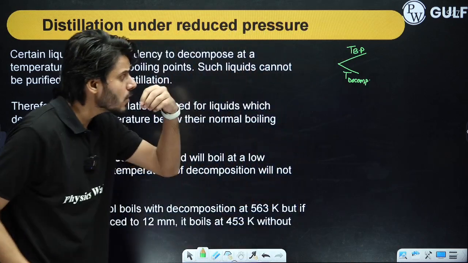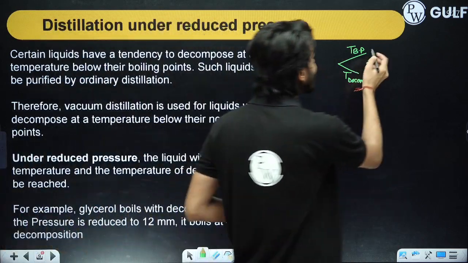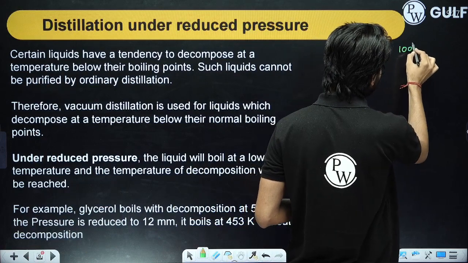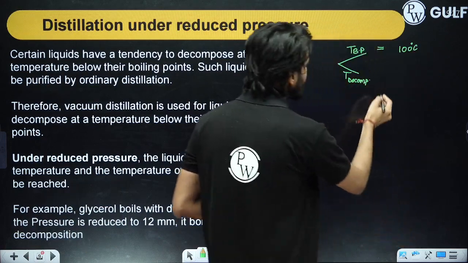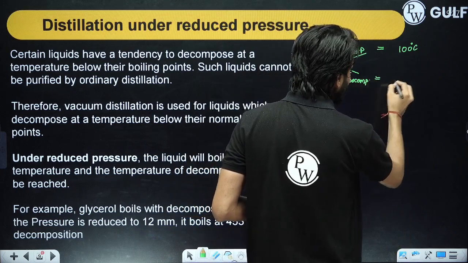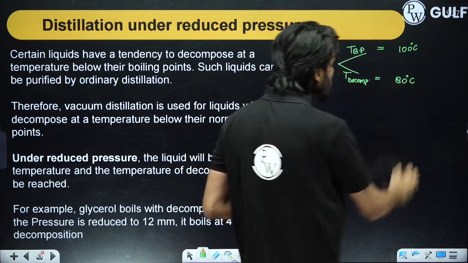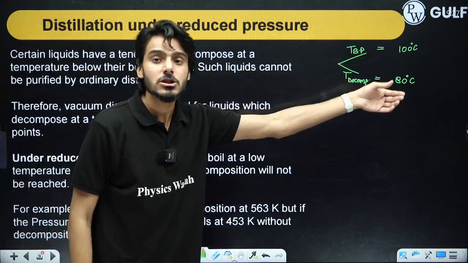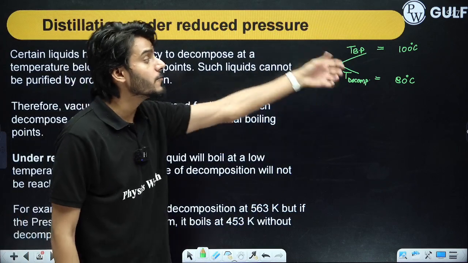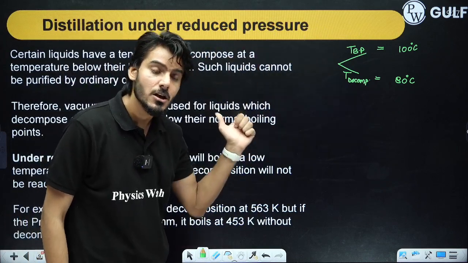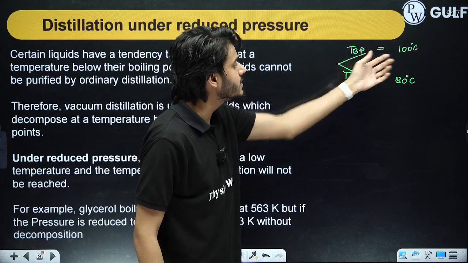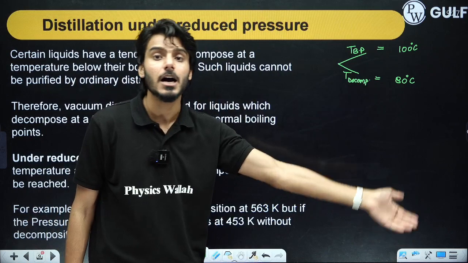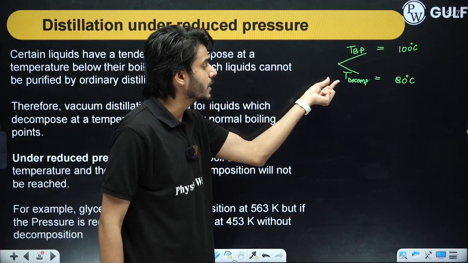Now for some substances, let's suppose the boiling point is 100 degrees Celsius, for example, but the temperature at which they decompose is 80 degrees Celsius. Because of this, as soon as you try to vaporize them, just to purify them with the help of distillation, instead of getting vaporized, they will start to decompose, and you will have a completely different substance after the organic compound gets decomposed.